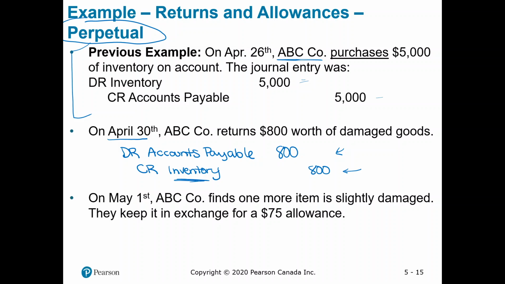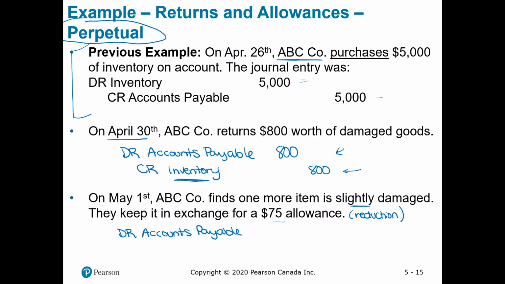Okay, then on May 1st, ABC Company, so that's us, we find one more item that is slightly damaged, just slightly damaged. We keep it in exchange for a $75 allowance. So we're keeping the inventory, but they're giving us the $75 reduction in price. So an allowance means a reduction in price. So again, we're going to say we debit accounts payable because we no longer have to pay the full amount.